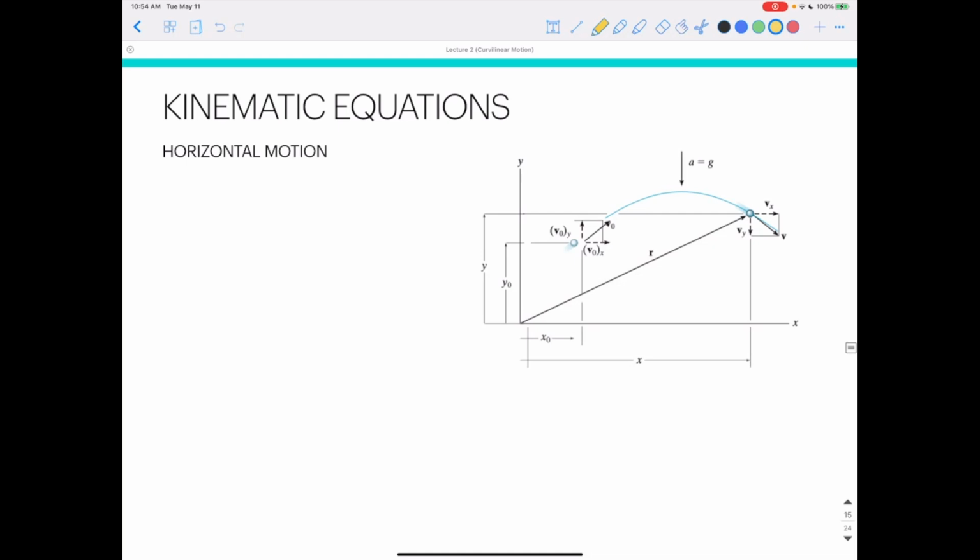And we can write our equations of motion. So since the x component of our acceleration is equal to 0, using our kinematic equations from lecture 1, we can write the position, because we have a constant acceleration case. The position is equal to some initial position, a reference position, x0, plus the initial x velocity times time.